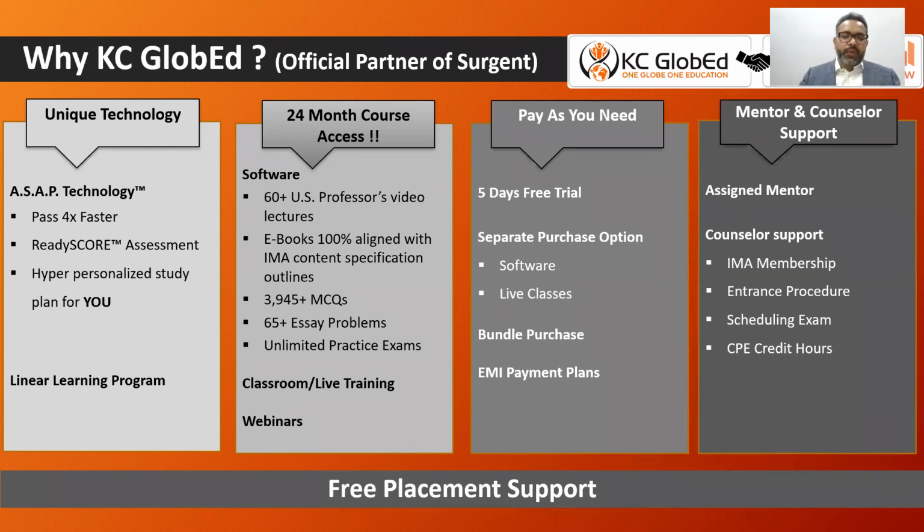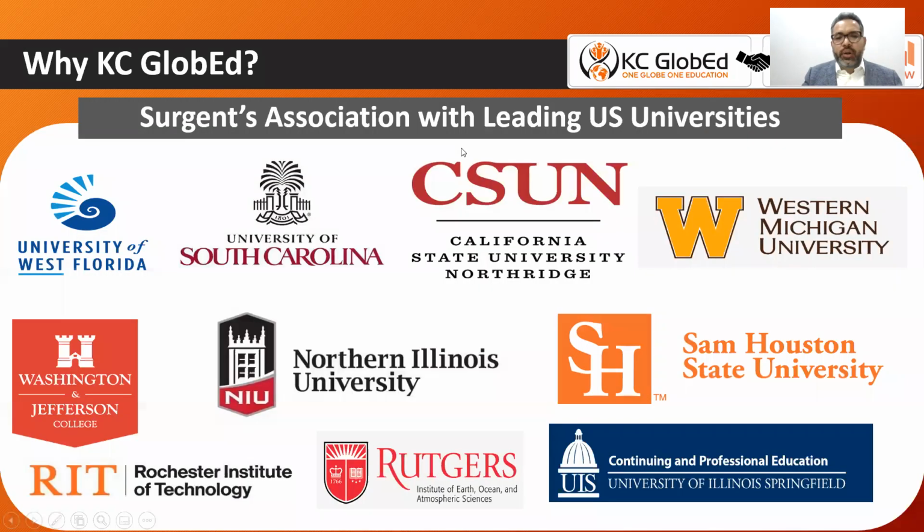Before we jump into the last agenda, a couple more credentials I would like to share with you. Surgent, whom we are partnered with, which is our US company, has association with more than 100 universities in the US. That means in these universities, students are studying through Surgent Learning Management Software, which we will be giving to you.